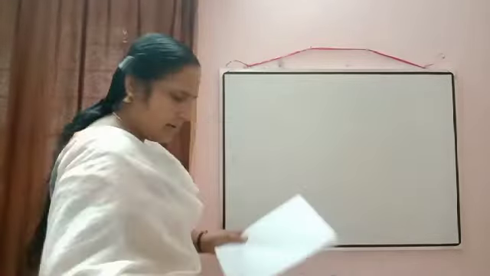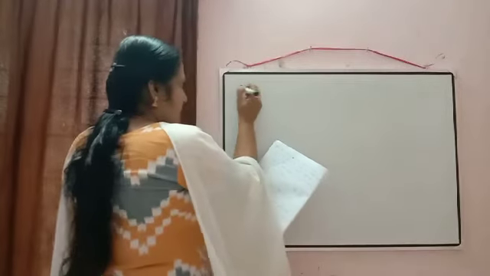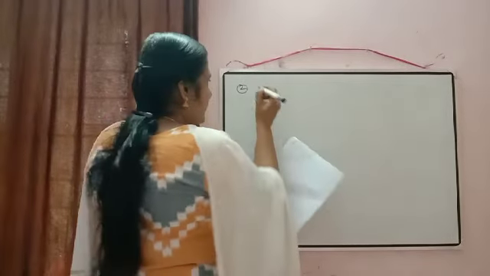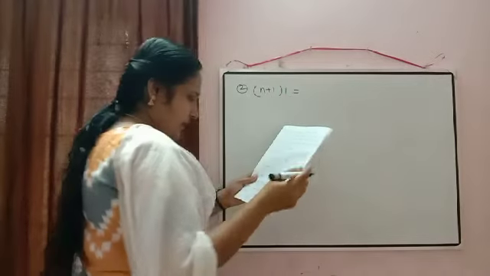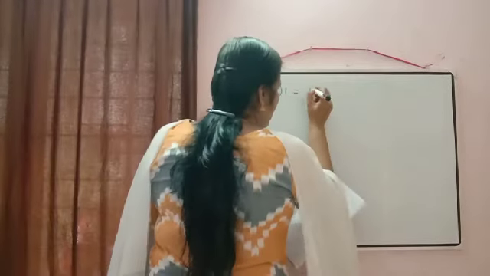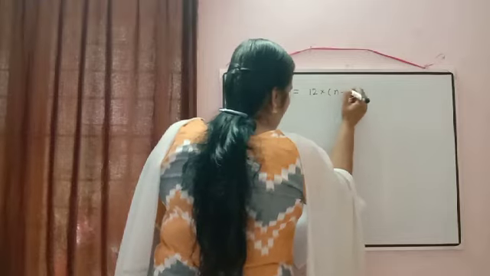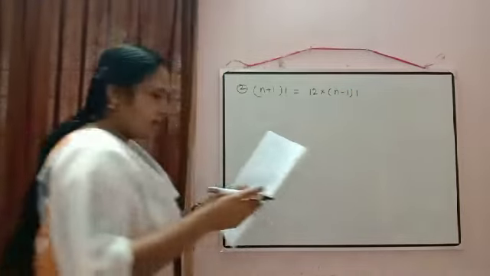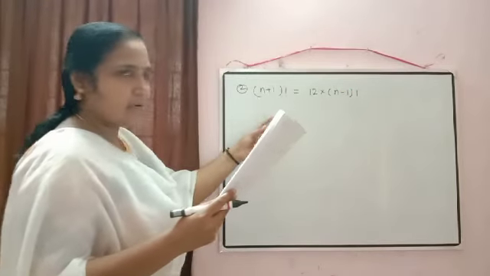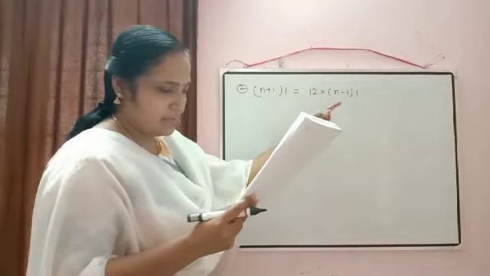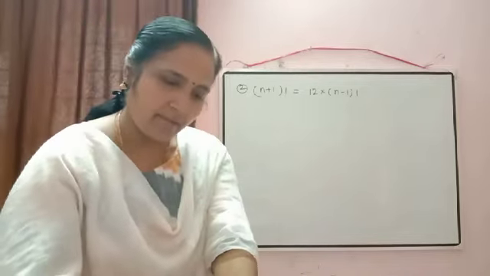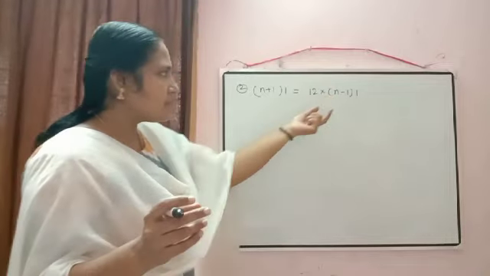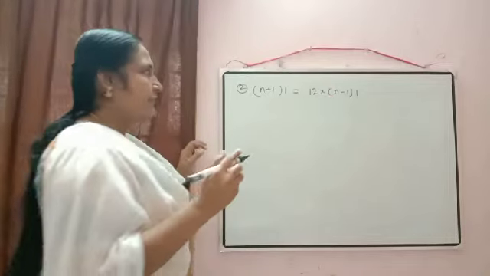Find n only. So the second question is find n if n plus 1 factorial is equal to 12 into n minus 1 factorial. So as we did in the previous one, we can shift this n minus 1 factorial to left hand side.